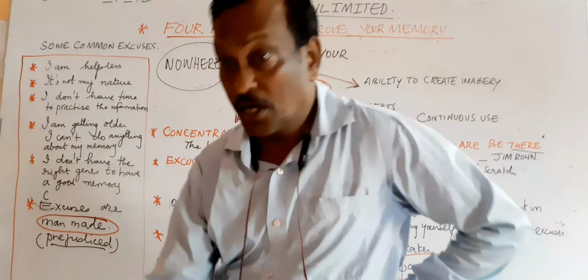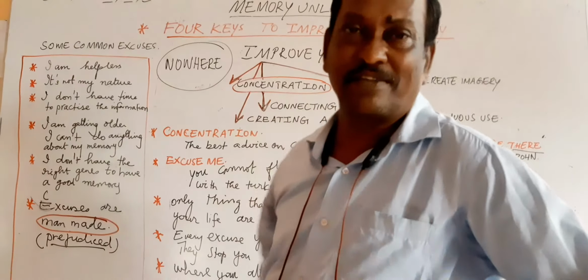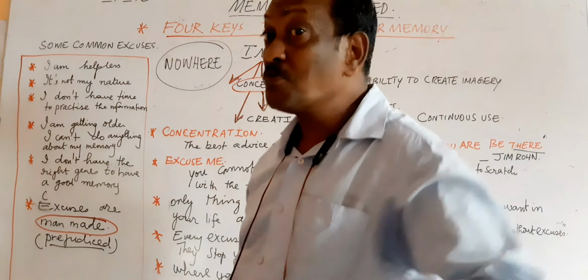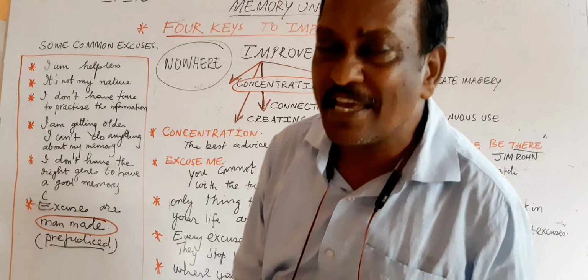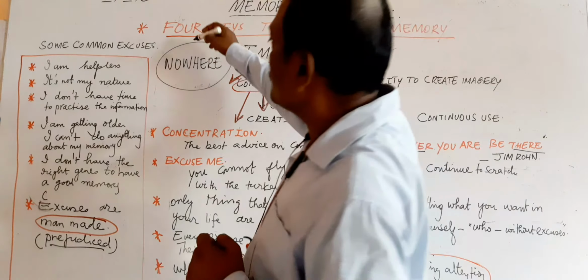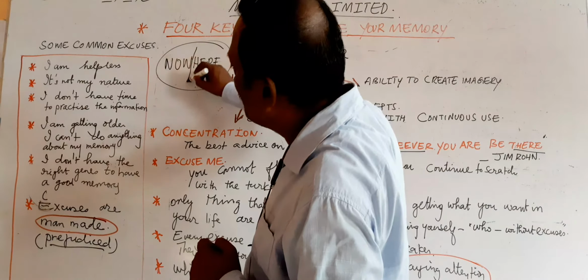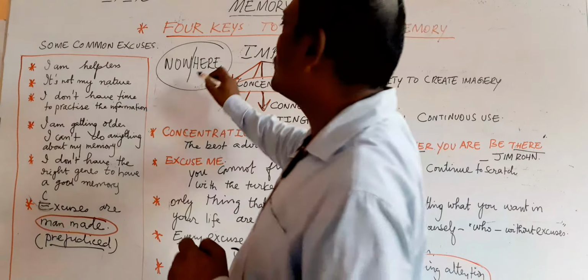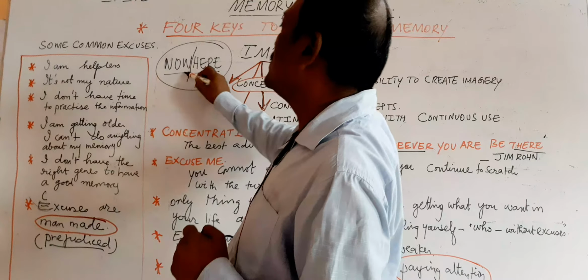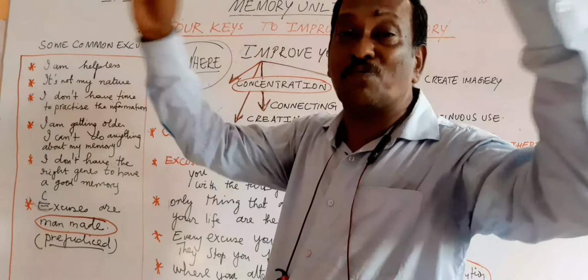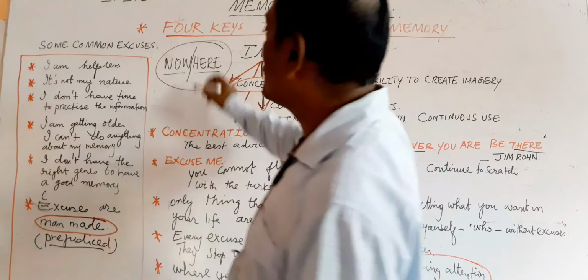And the monk said, "You are a wise cat." But why did he say that? You see, just split this word into two. N-O-W now, H-E-R-E here. So when you split the word nowhere into two parts, you get two words.